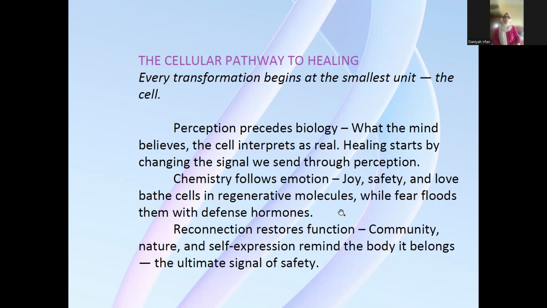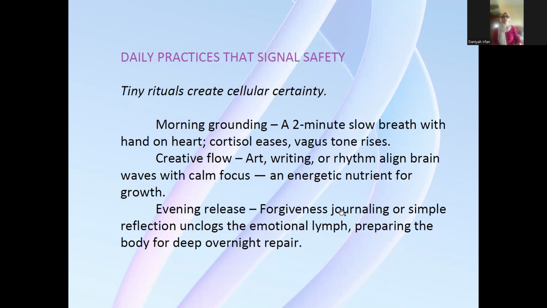Now the daily practices that help to signal safety. Some of these include morning grounding, that is a 2-minute slow breath with a hand on the heart. The cortisol eases and the vagal tone rises. The most important connection that our brain has with our entire body is the vagus nerve, right?